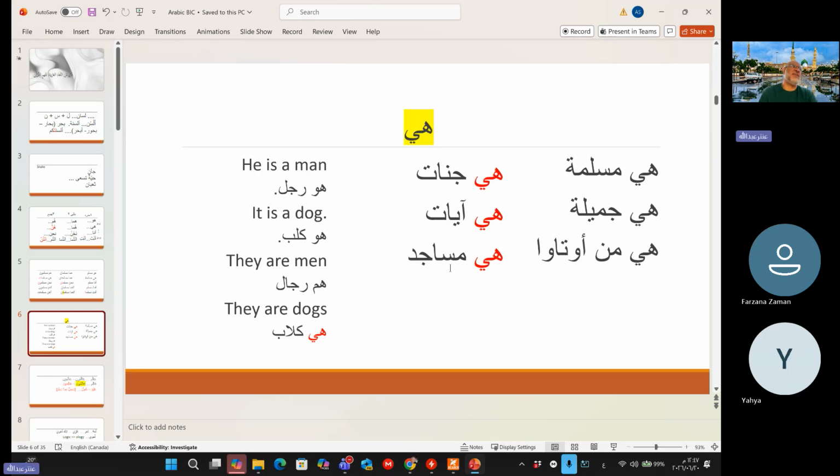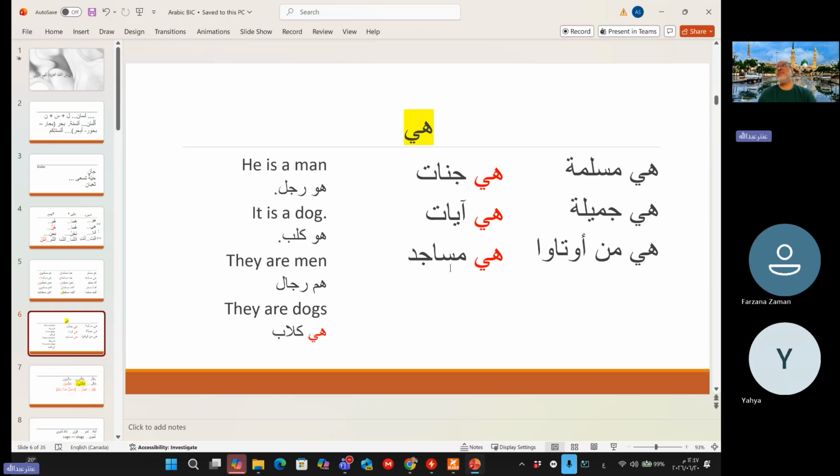We have animate and inanimate. Animate means that it has life in it, while inanimate is like the table, for example. And then we have human and non-human, which means that both of them have life, but one has the spirit of humans and one has only the animalistic spirit.